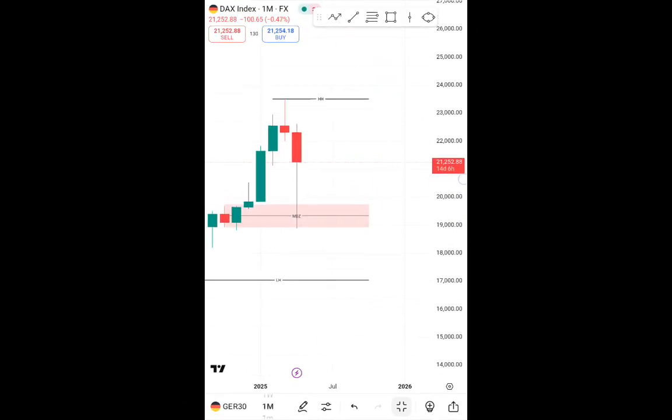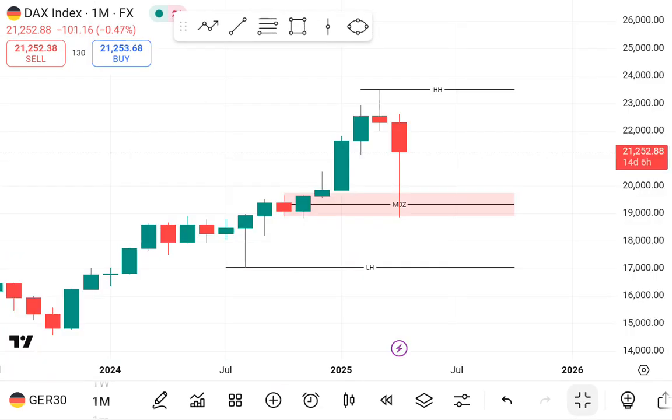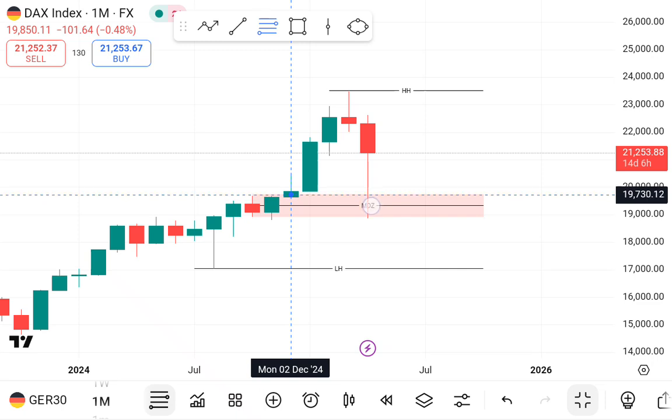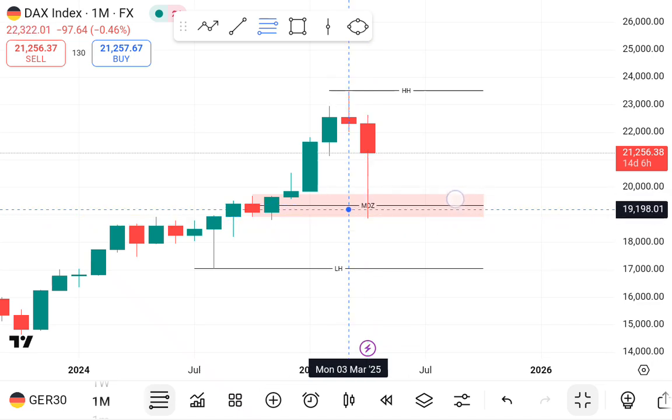So now what do you want to do? Now we want to check our Fibonacci and mark it. We want to see the discount area, because we can see that price here was once negotiated, and it's showing proof that the last time price was there, buyers came to the conclusion that they were going to push price to the upside. So it shows this candle rejection, this weak rejection on a monthly time frame.